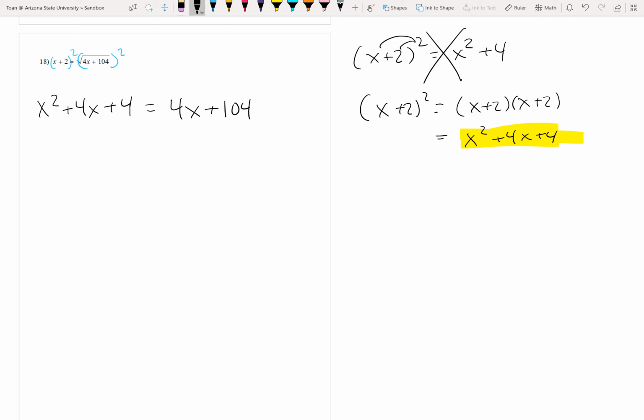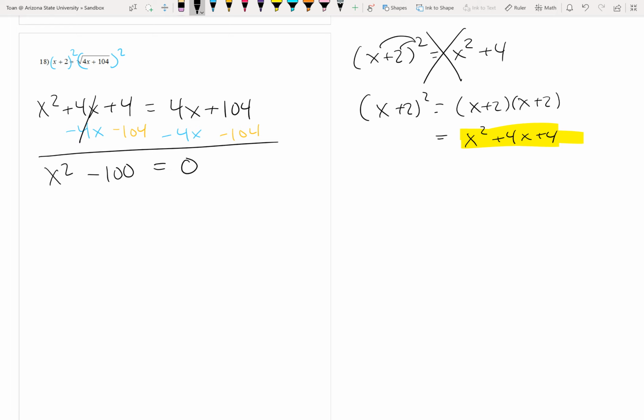Notice it's a quadratic equation, so you go ahead and bring everything to one side. Minus the 4x, minus the 104. You get x squared minus 100 equals 0.